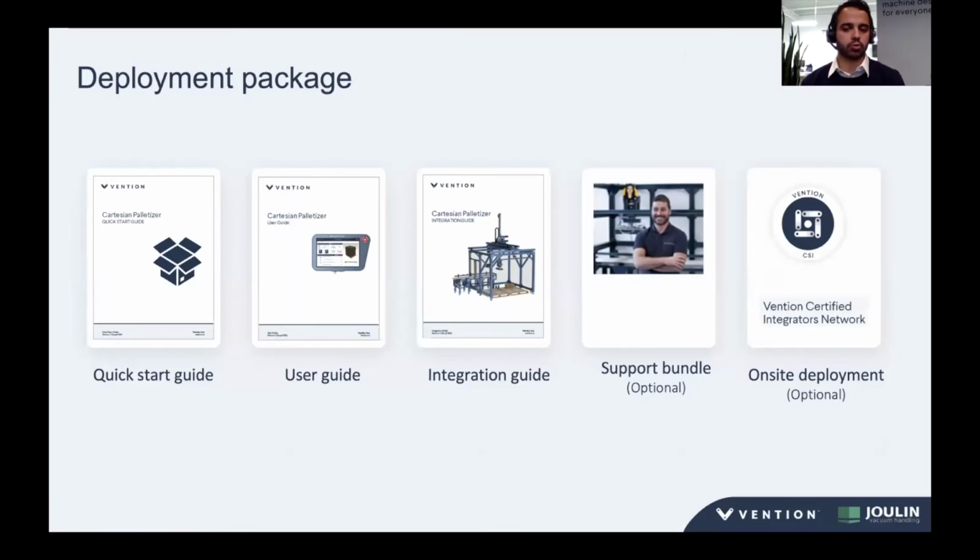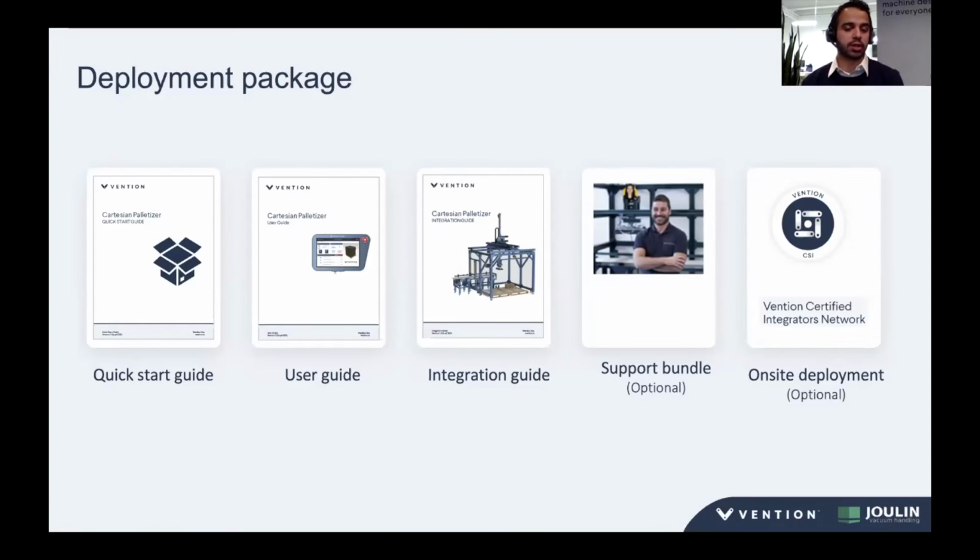Obviously you can get some remote support for that kind of stuff, but it just gets you up and running in terms of plugging it in, integrating with your conveyor, and setting up maybe your first pallet to run, right? A user guide will go into more detail about how to use the actual software of the palletizer, how to do some maintenance on it, how to troubleshoot certain scenarios that you're going to get into, how to configure the machine, how to create new pallet patterns, for example. So that's what's in the user guide.